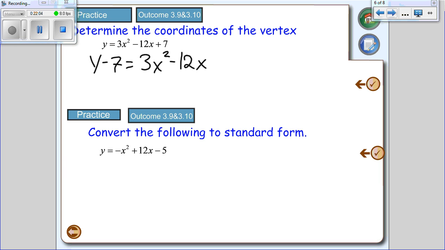When you divide everything by 3, this side on the left, just do that. It makes it easier. We've divided everything by 3, so we get y minus 7 over 3 is equal to x squared minus 4x.